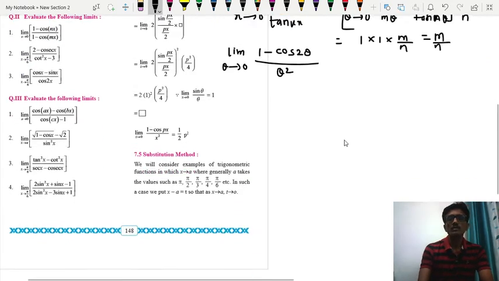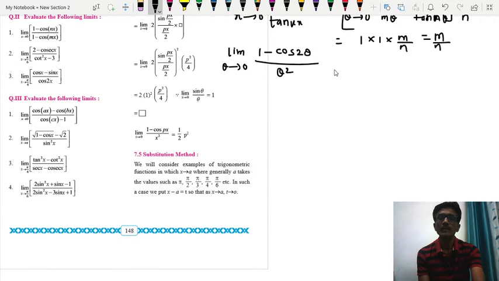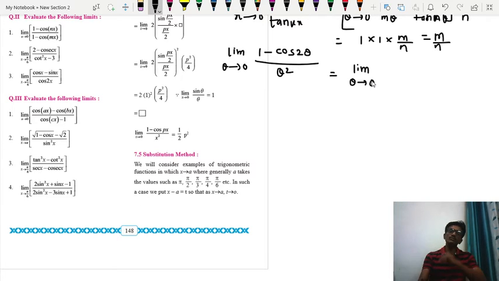So how to evaluate this limit? Here 1 minus cos 2 theta, we will write it as 2 sin square theta. Okay, it is 2 sin square theta.